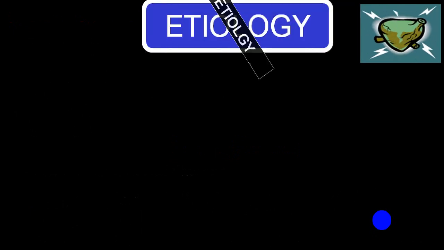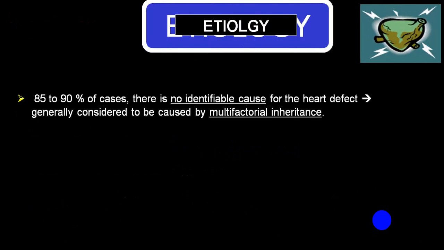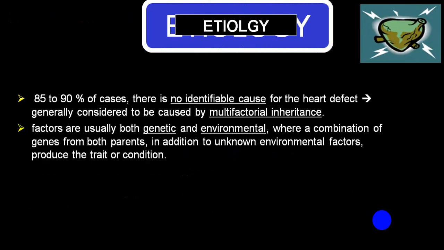As far as the etiology of congenital heart disease is concerned, in 85 to 90% of cases there is no identifiable cause. We call it idiopathic. By and large, it is multifactorial, maybe genetic, maybe environmental.